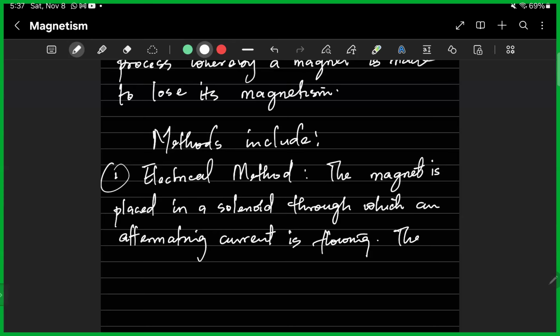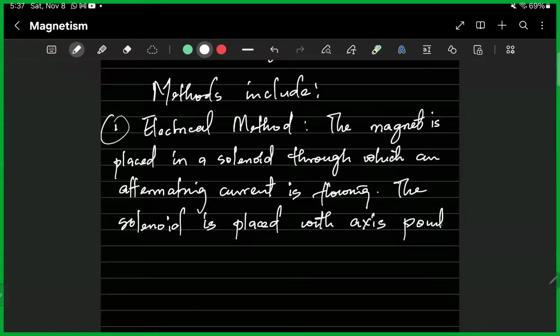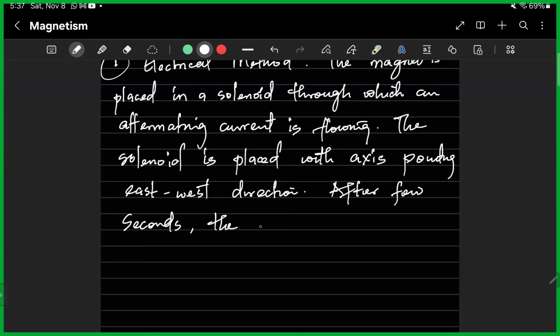Then look at the idea. The solenoid is placed with its axis pointing east-west. After a few seconds, you now remove the magnet.